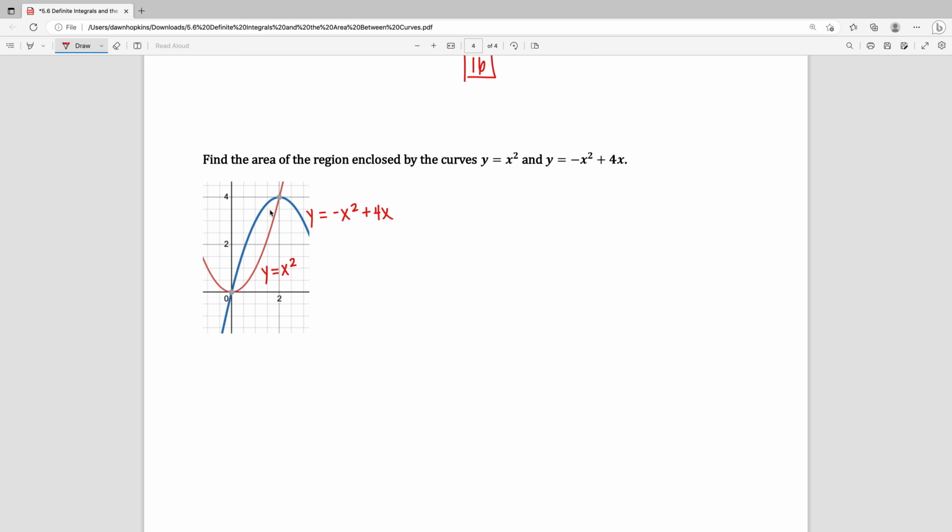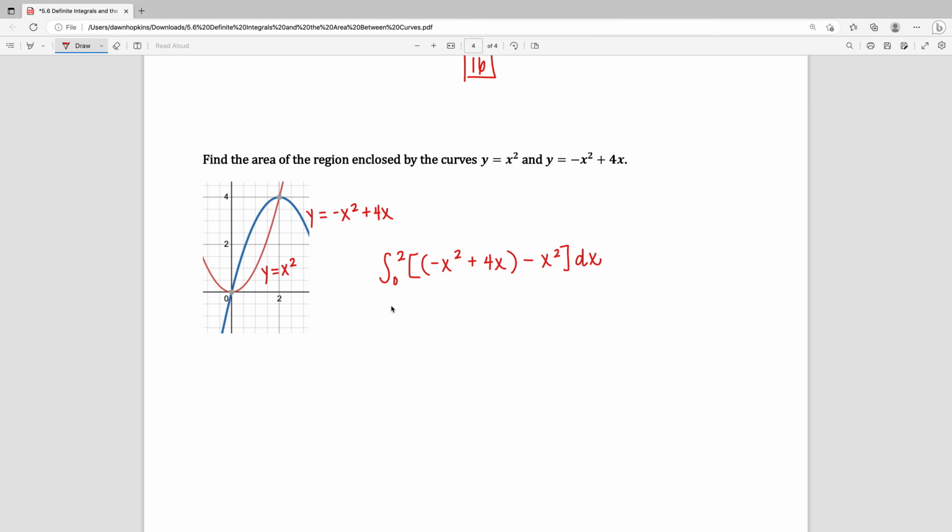So to find the area, we're going to do that curve minus the x squared. So again, it's from x equals 0 to x equals 2. We're going to take the top one, which is negative x squared plus 4x, minus the bottom, which is just the x squared.